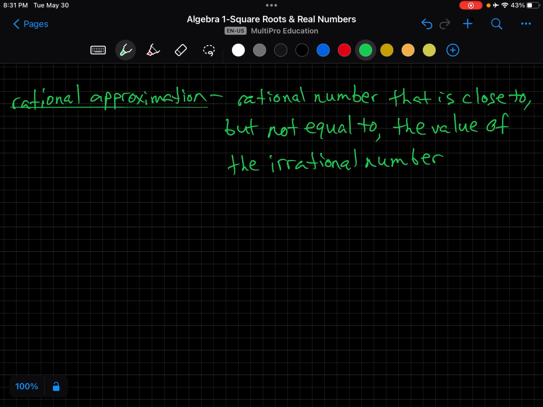It's close, but it's not quite there. So this is a rational approximation.